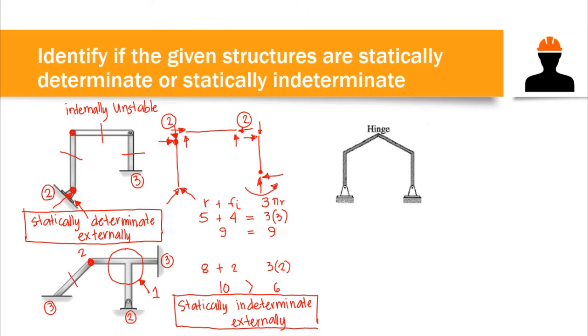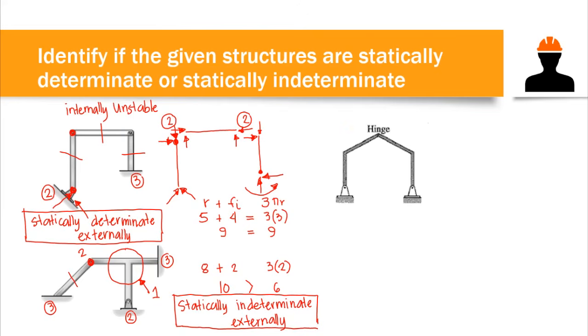How about the last one? You can pause the video and try to answer our last figure here. Let's try to draw the free body diagram, but first let's determine its stability.